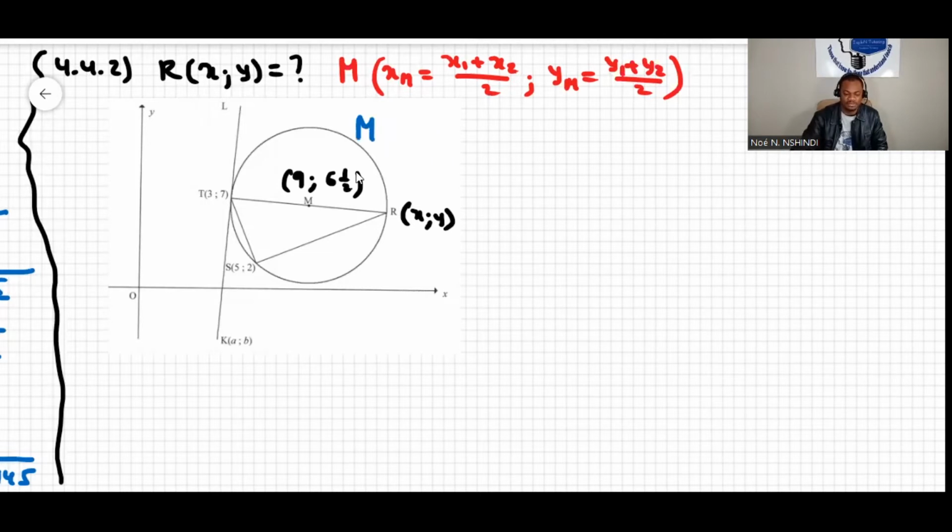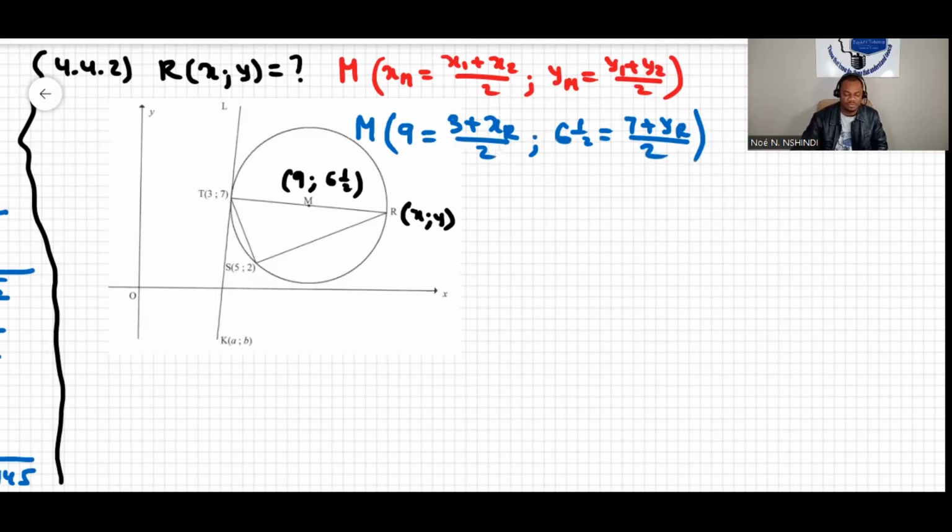M will be 9 equal to x1, which is 3, plus x2, which is our xr, over 2. And then over there, we have 6.5, which is equal to y1, which is 7, plus y2, which is yr, all over 2. Now, in the brackets, I can just drop the brackets and everything.